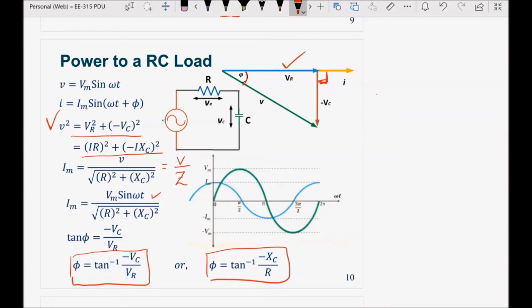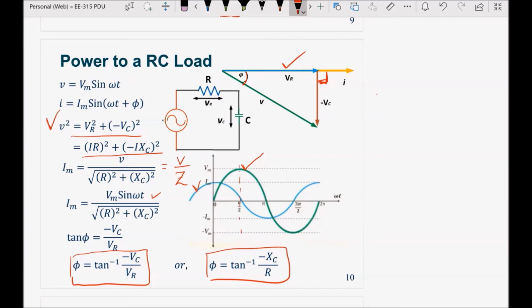Now if we look at the plot, we know that this is the input voltage, fine. And in case of a pure capacitive load, the current leads the voltage by 90 degrees, which is somewhere here. Okay, that we know already.